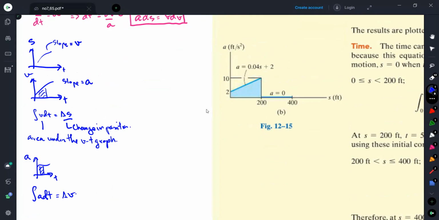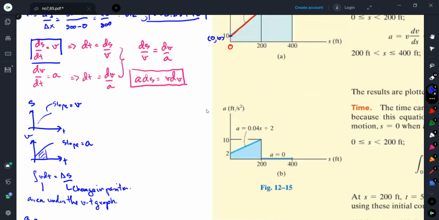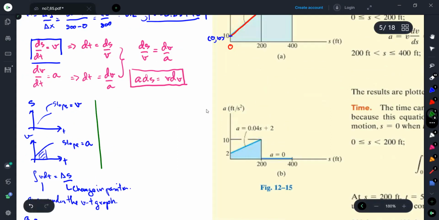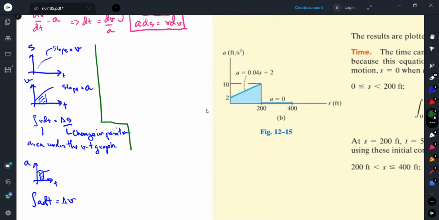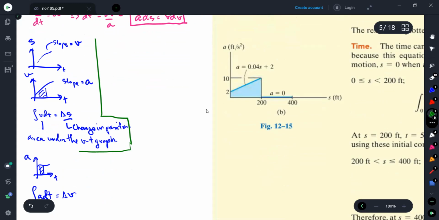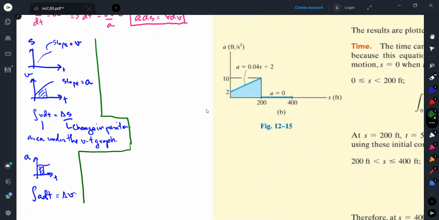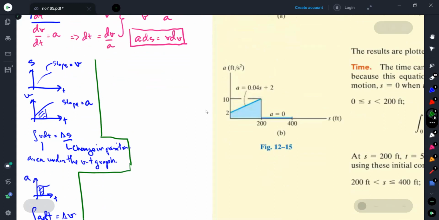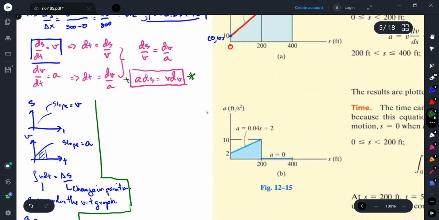For students studying this topic for the first time, it may be a little confusing because we are familiar with a-t, v-t, and s-t.